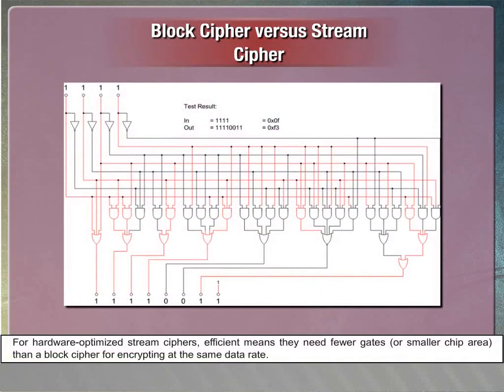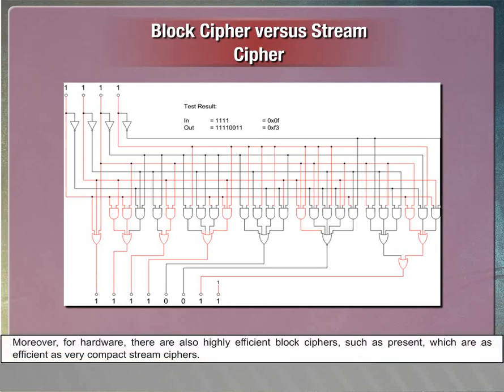For hardware-optimized stream ciphers, efficient means they need fewer gates or smaller chip area than a block cipher for encrypting at the same data rate.